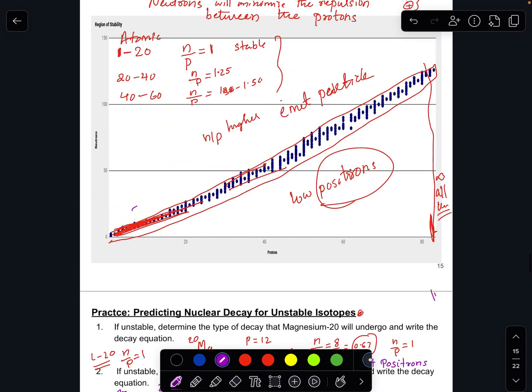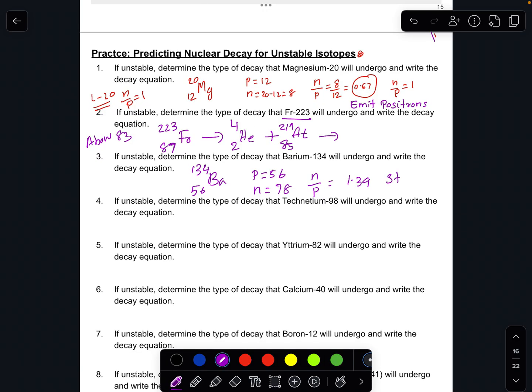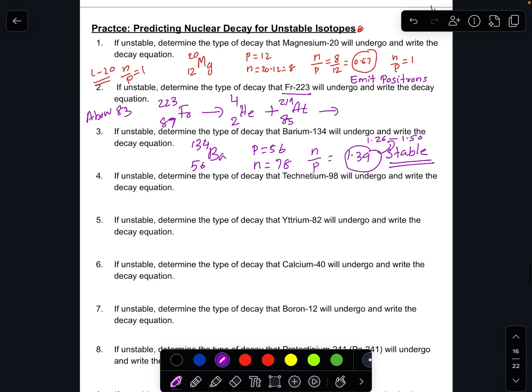And we said anything above 1.26 or 1.30 is in the stable range, so it will not undergo any decay. That is stable.